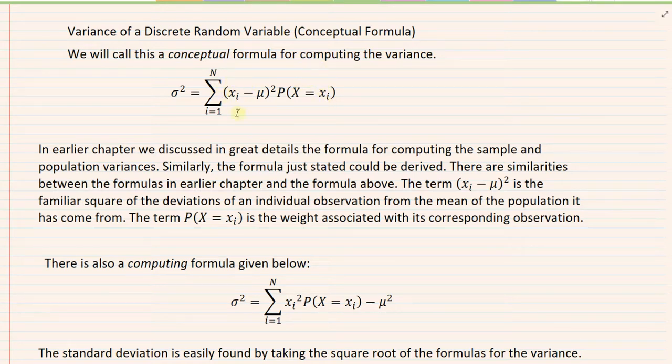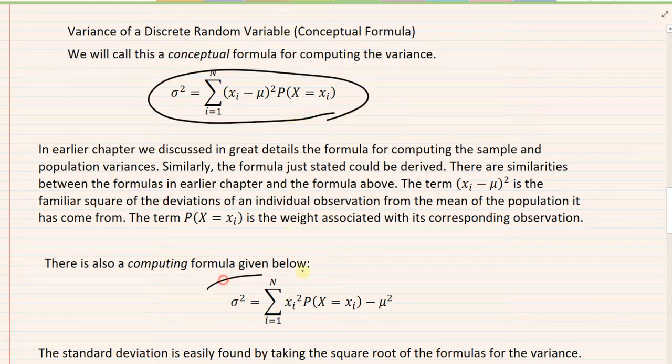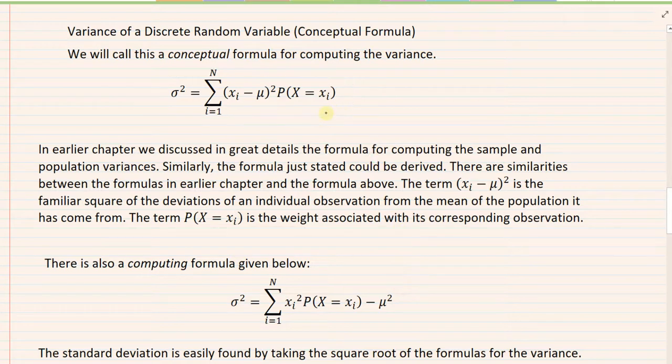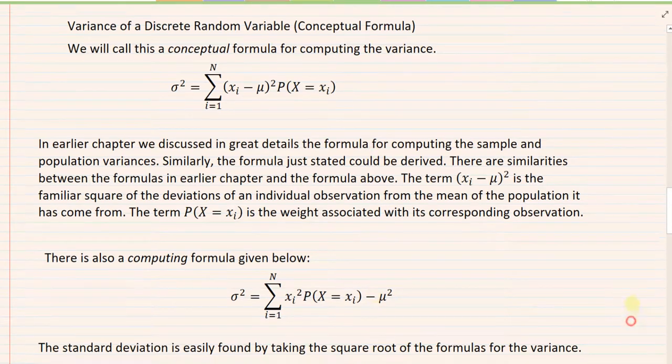The conceptual looks at the deviation from the mean. Remember, x minus mu is the deviation of an observation from its mean. In that sense, it is conceptual. So this is the conceptual formula right in here, and this is the computing formula. Computing means doing it this way is easier. Conceptual means think about it this way when you do it.